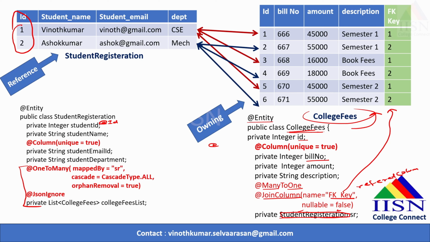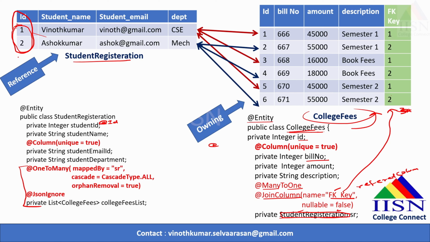So this fk key holds the values of the id column in the student registration, and the values you give here should match. If you give values other than what we have in the student registration, for example if I give 3 here, it will check whether any 3 is there in the student registration. Here you see there is no student id 3, so this data is not going to be inserted.